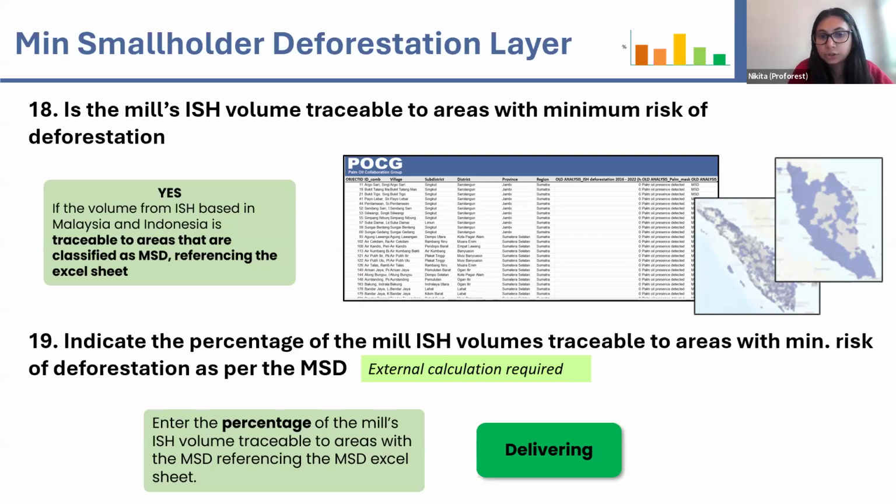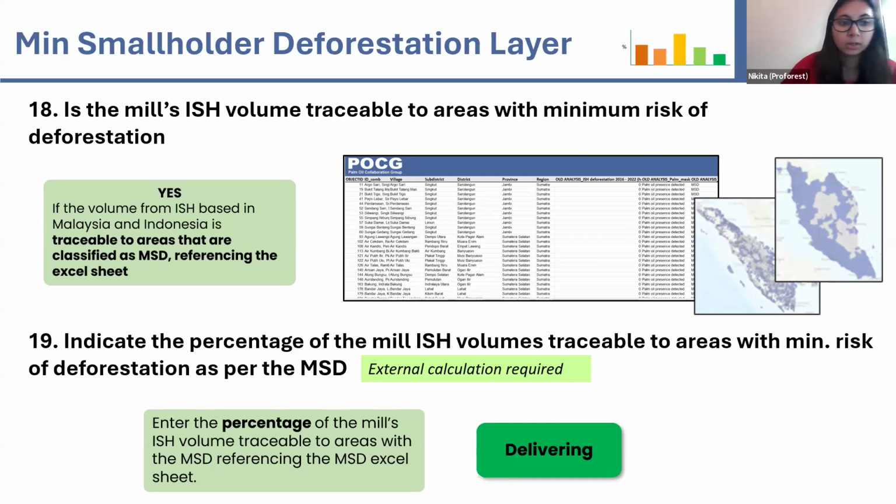To answer this question, we have an Excel sheet, which is available on the website. We'll walk through the resource later, but that Excel sheet provides a list of villages that are classified as minimal deforestation and a list of villages that are classified as non-minimal deforestation. So you can use that Excel sheet to answer yes or no to question 18.